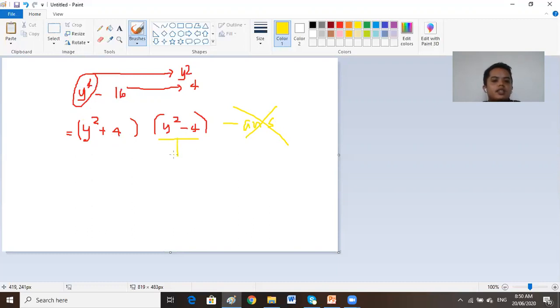So let's simplify this one first. Y squared minus 4. Notice that this is preceded by minus. And this y squared can be square rooted, which is y. Likewise, for your 4, the square root of 4 is 2.